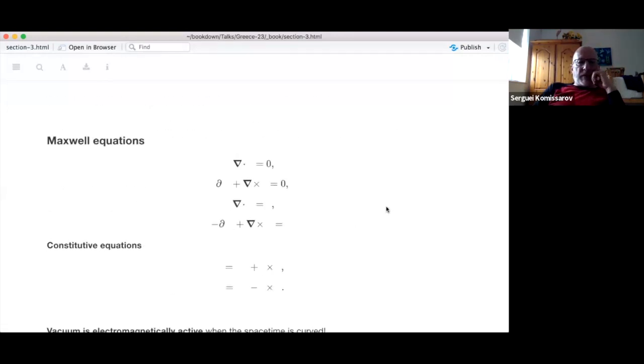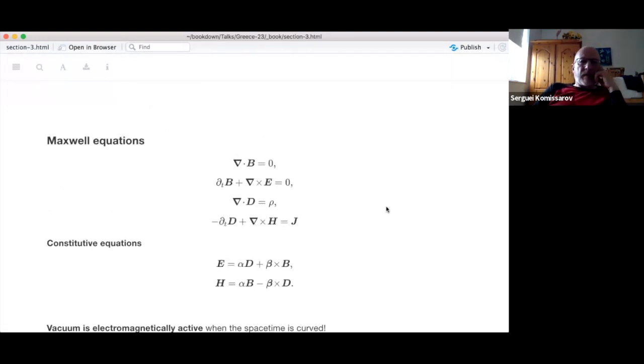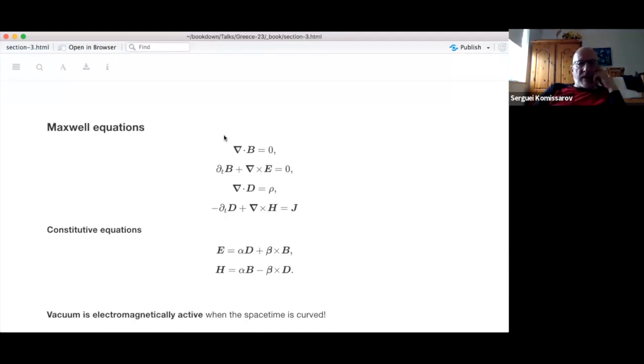All right, so using these newly introduced spatial vectors and scalars, you can write Maxwell equations in a very familiar form. In fact, it's exactly the same as the Maxwell equations in matter. And the relation between those four vectors is given by those two constitutive equations.